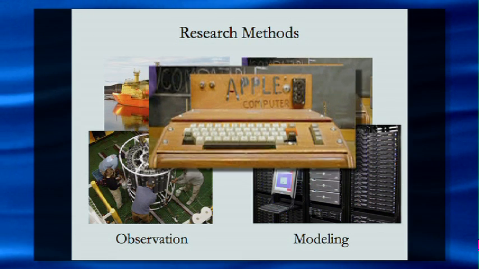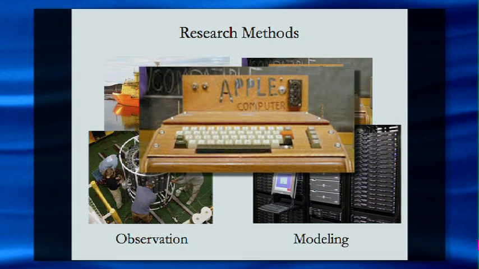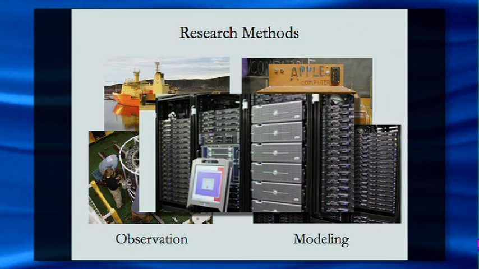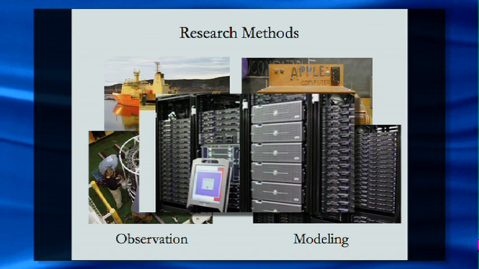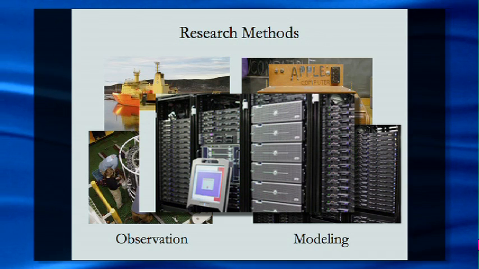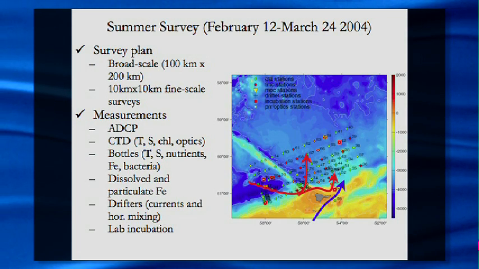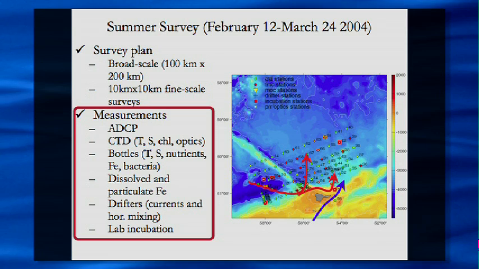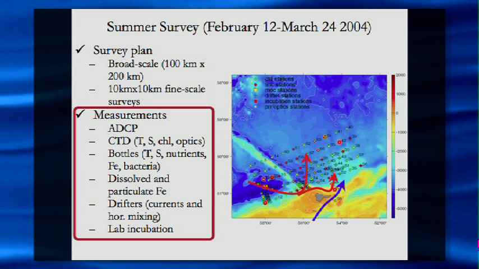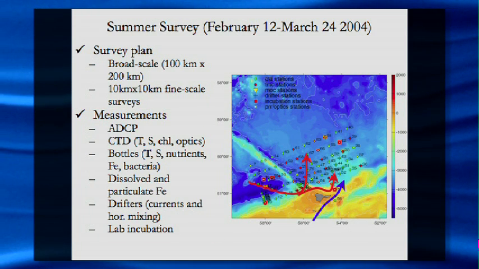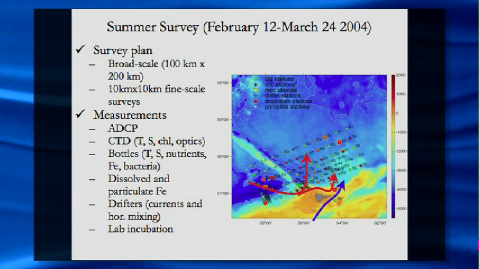Some of you probably recognize it, and it was in the 1970s. So now we have, of course, much more advanced computers we call clusters or supercomputers, so we can do a lot more work. We did two cruises, in fact, trying to measure a lot of things. So I listed here. This is happening in 2004, the summer, actual summer.